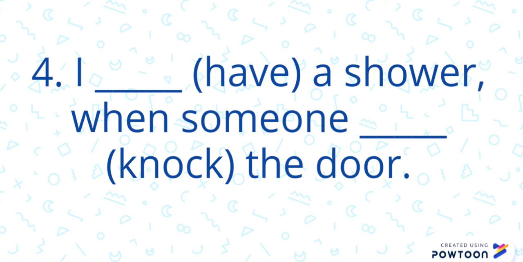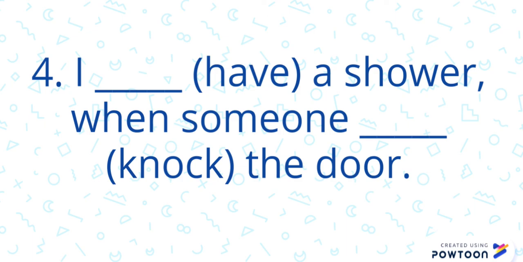First of all, do you have an action being interrupted by another action? Yes. So what does it mean? That means that you are going to have past simple and past continuous in the same sentence. That's the first thing that you have to look for. Now let's check. What is the action that is interrupted? ¿Cuál es la acción que es interrumpida?